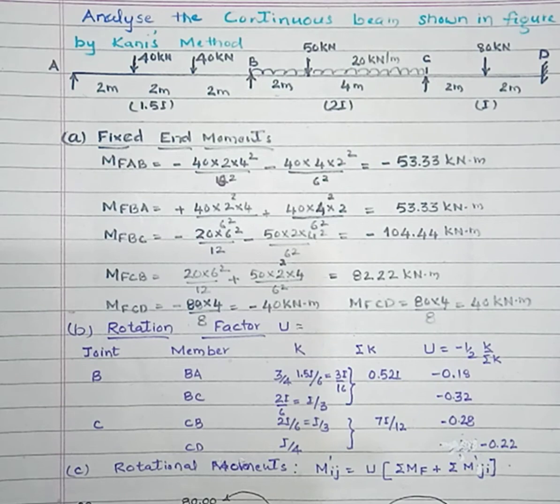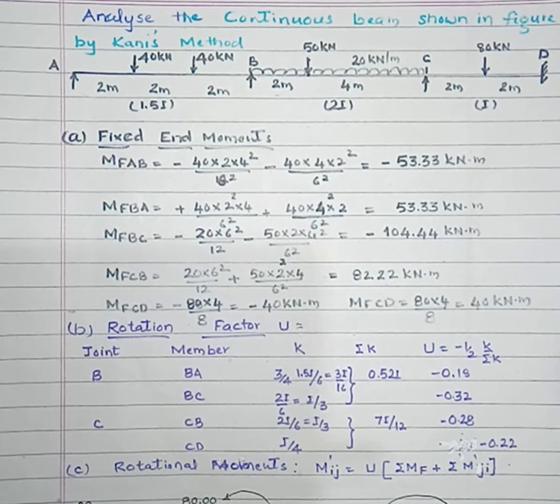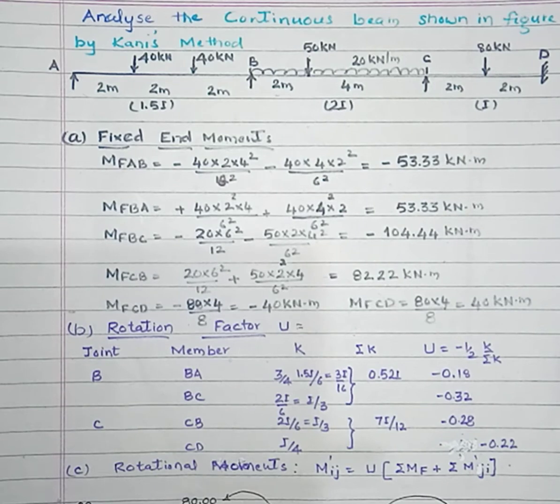Then M dash BC, that is rotational moment, the rotational factor is minus 0.32. Inside the bracket, the fixed end moment plus far end rotational moment 0 at A and 0 from C. Hence, that is 7.8208 after simplification. Then M dash CB, the rotational factor is minus 0.28.